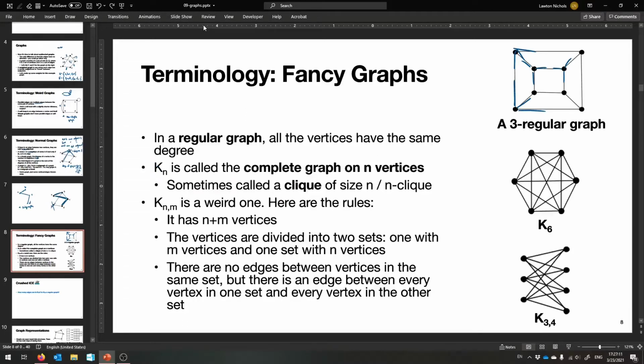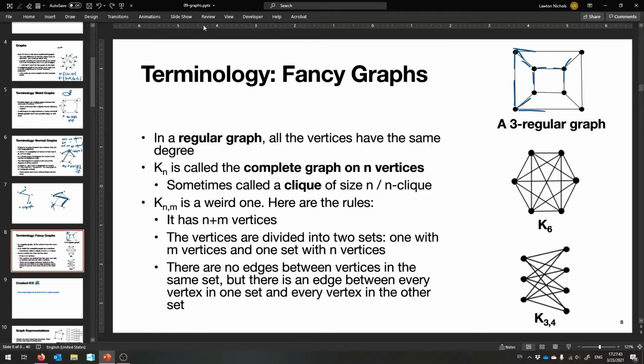It's called the complete graph on n vertices, and it's sometimes also called a clique. We say clique in real life when talking about a clique of people who hang out with each other, but in math we pronounce the I differently for some weird reason. Maybe actually the K comes from clique. So this is K6, the complete graph on n vertices.